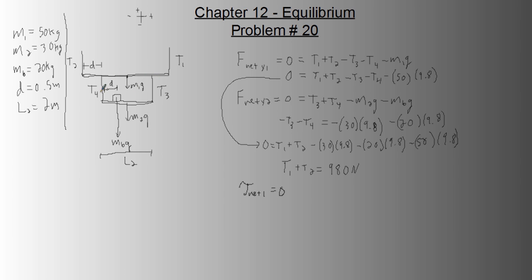I do know a distance D from T4, so that might make it easier to deal with in terms of a pivot than T3, because for torque we always pick a distance from a pivot point. So since they conveniently give us this distance, yeah, let's make T4 a pivot point.